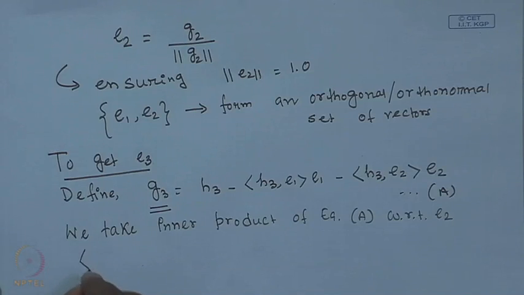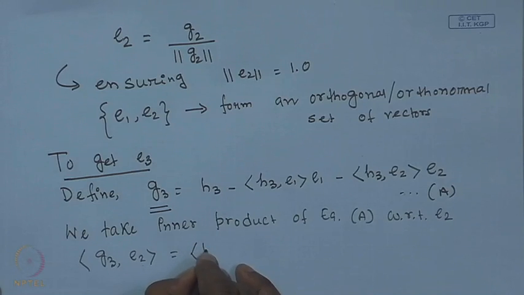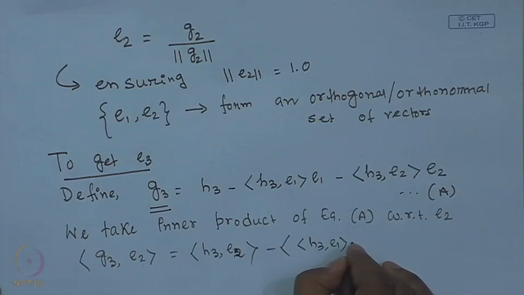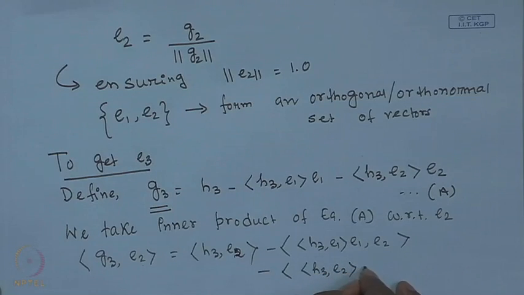E2. So, this becomes inner product of G3 and E2 is equal to inner product of H3 and E2 minus inner product of H3, E1 and E2 minus inner product of H3, E2 and E2.